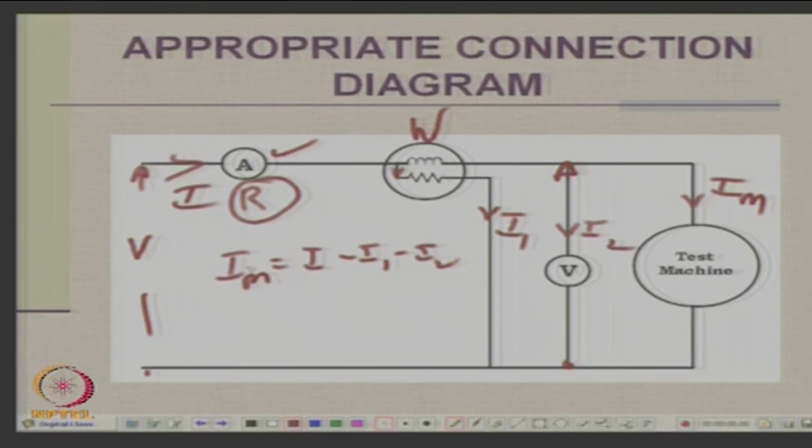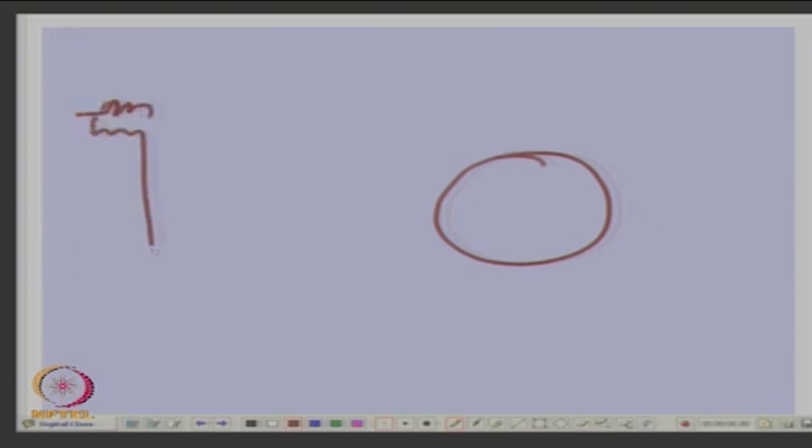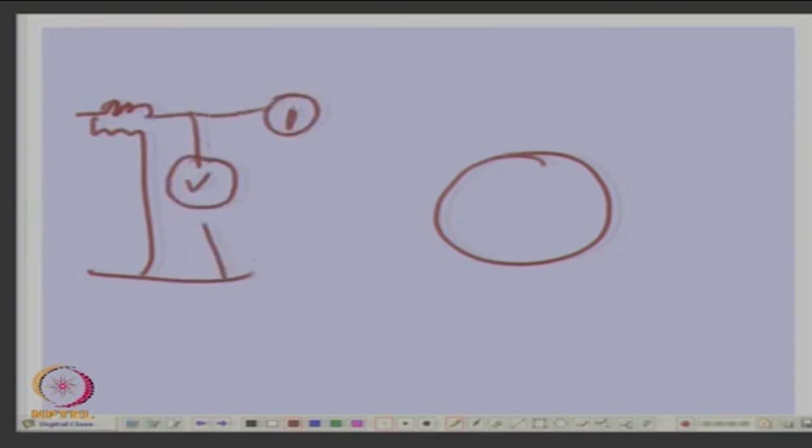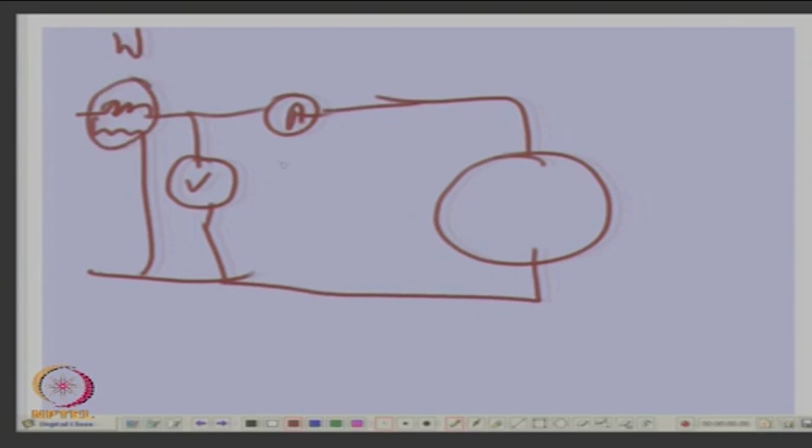This is one possibility. Then you can also connect like this, a wattmeter, voltmeter and ammeter.